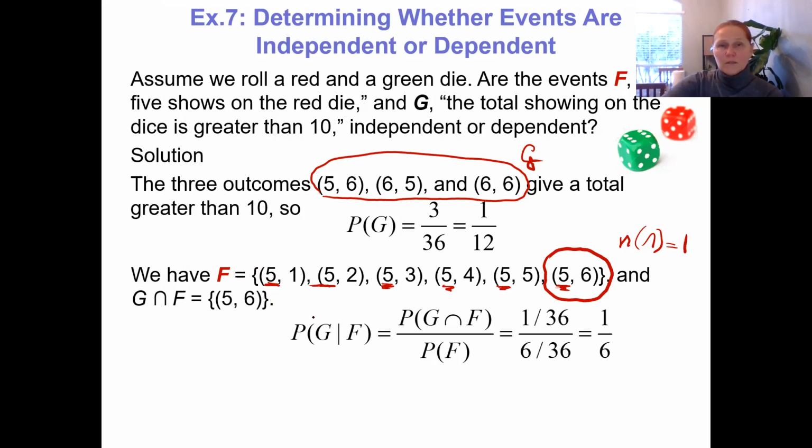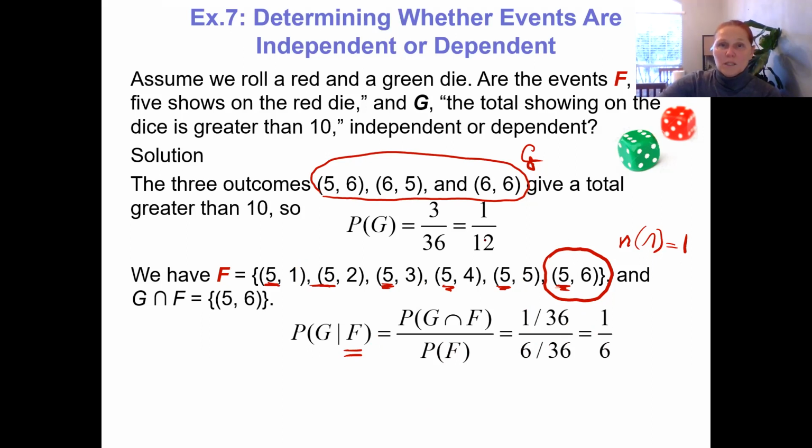And to find the probability of G given F, we must divide by the sample space, in this situation F, so divided by the probability of F, which is 6 divided by 36. So 1 over 36 divided by 6 over 36, we multiply numerator and denominator by 36, and get 1 over 6.